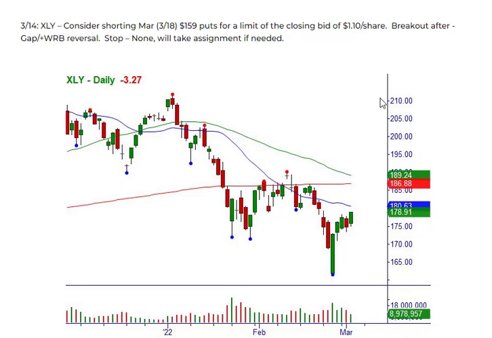Now, 99% of the time, we use a protective stop, which would be under support if we're selling put spreads. But in this case, we're saying there is no stop. If I'm obligated to buy 1,000 shares of XLY at $159, within 5 days, that's my only risk. This is just for this 5 DTE puts.